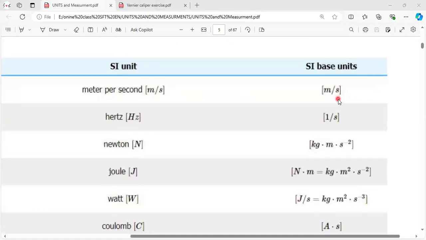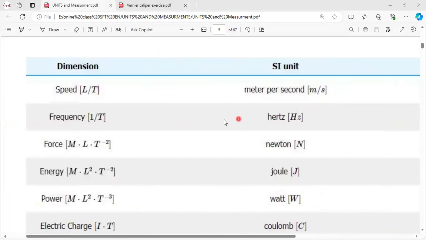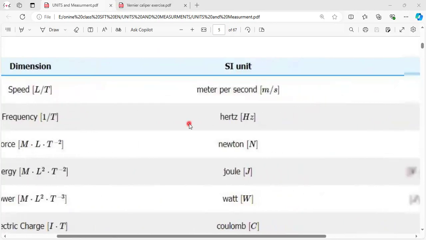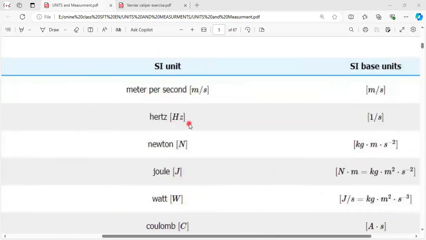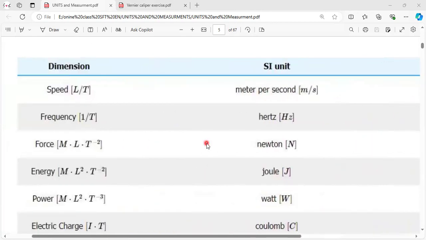Frequency is given by hertz, right? You can combine it with the SI base units, 1 divided by the time. And the third one is force, right?